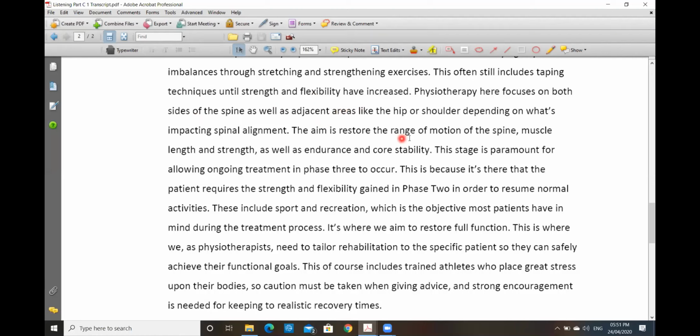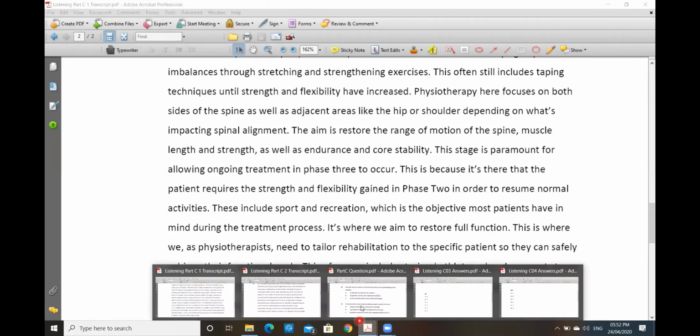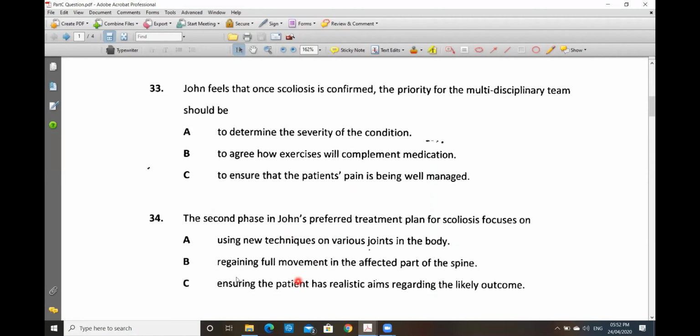And the aim here is to restore range of motion of the spine, muscle length and strength, endurance and core stability. So that is why the correct answer there is B, regaining full movement in the affected part of the spine.